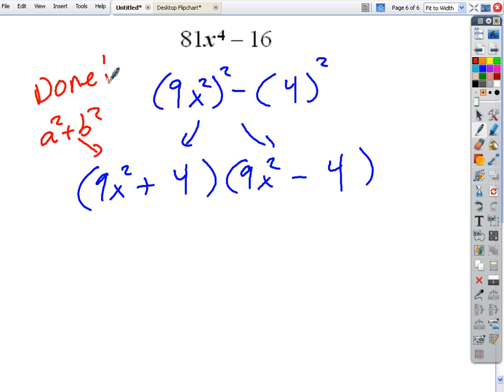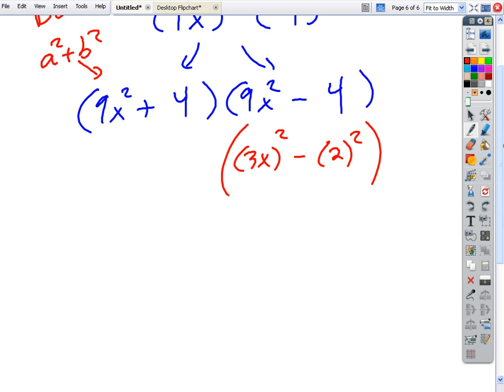Now that one has a minus sign in the middle, and so that's the one that maybe could be rewritten to look like a difference of squares. Can I rewrite 9x squared as something squared? 3x squared. 3x, okay, and then 4 is 2 squared. And so that guy's going to break down a little bit further.